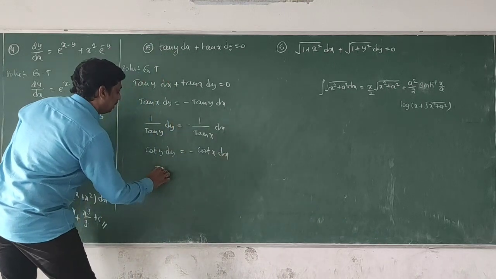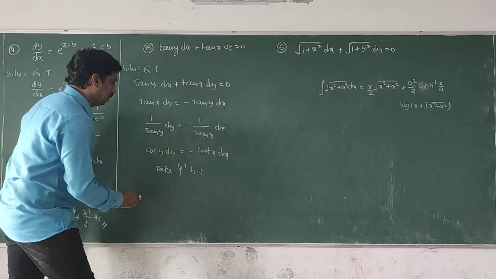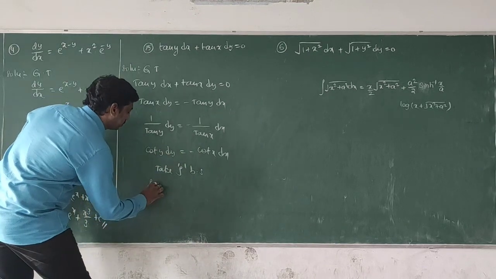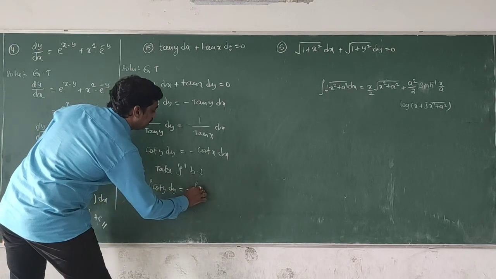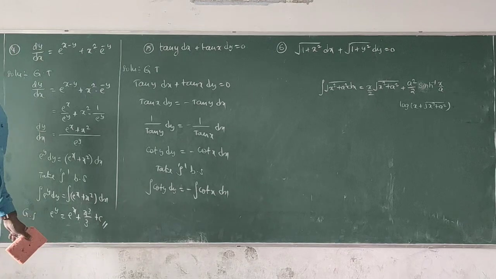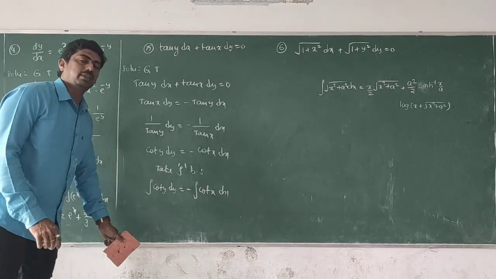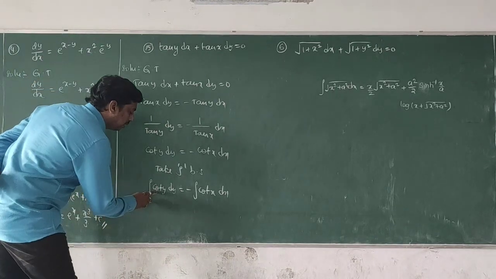Take integration both sides. Integration of cot y dy equals minus integration of cot x into dx. What is the integration of cot x? Anyone? Very good. Log sin x. Direct formula. Here log sin y.